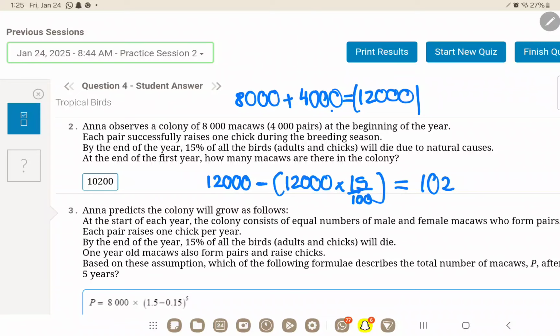Minus 12,000 times 15%. So you're going to get 10,200 birds left in the colony at the end of the first year. So around 1,800 of them died. So that's how you solve the second part.